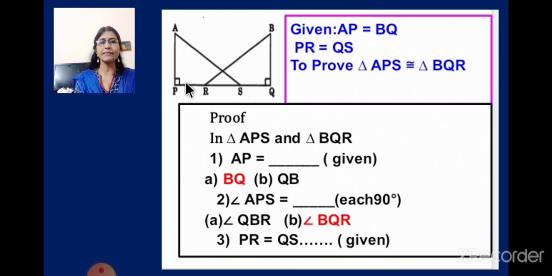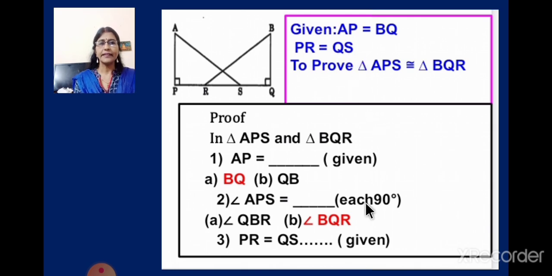So it will be equal to angle BQR, and you can see here in the option also angle BQR will be there. So we will select B option. Both the angles are 90 degree. Here you can see written each 90 degree. Then third statement, PR is equal to QS. This is given. You can see here it is given.